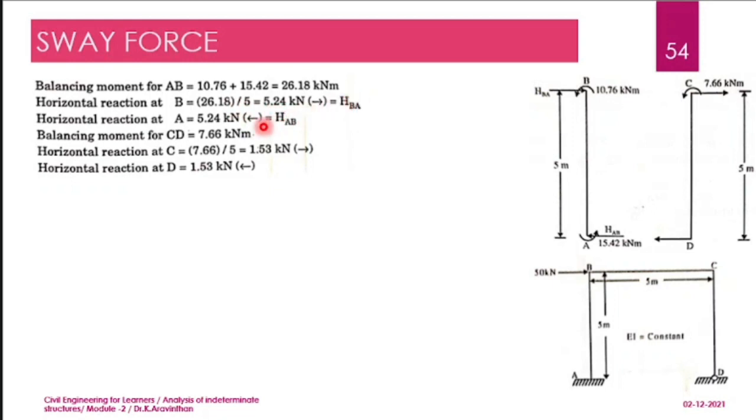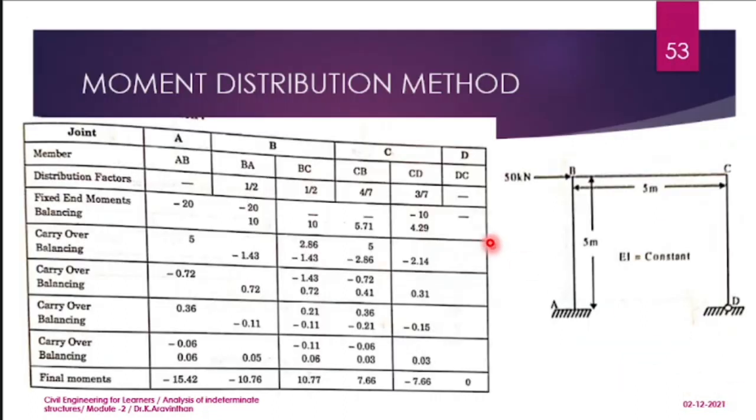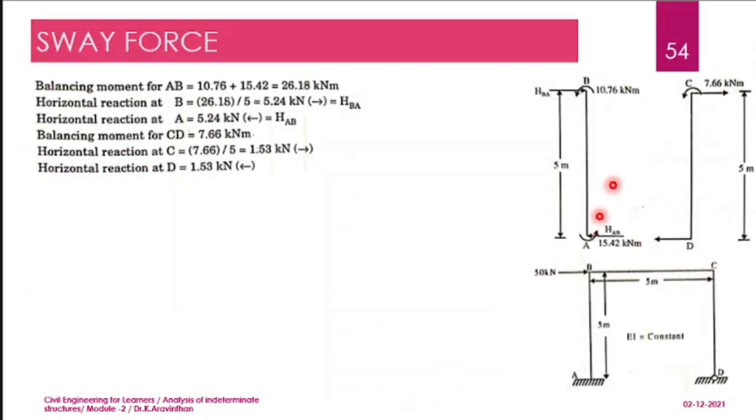BA and HAB will be equal, and the same way you can take the column C to D. While taking the column C to D, what is the moment at C to D? You know that CD moment is minus 7.66 and it is anti-clockwise, hence you can write the anti-clockwise moment here, that is 7.66 is written, and at D you will be not having any moment, so it will be 0 here.